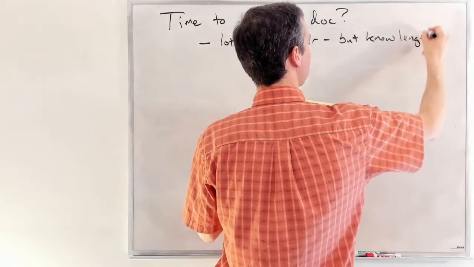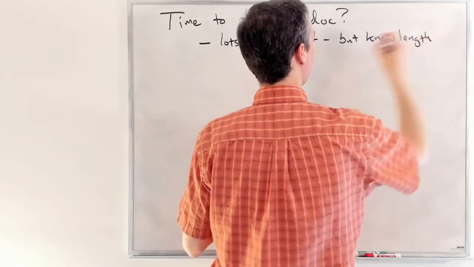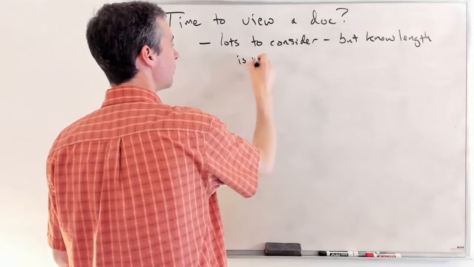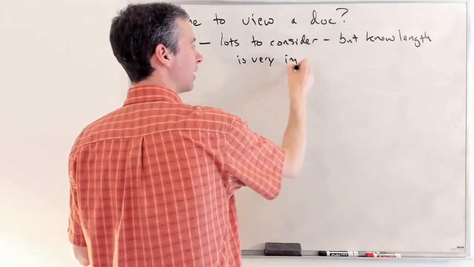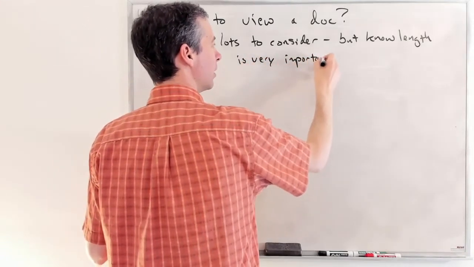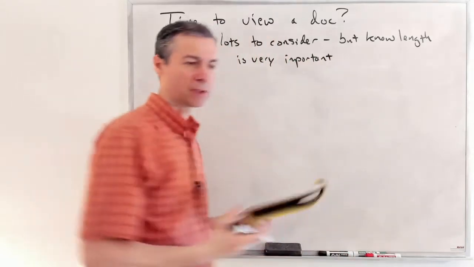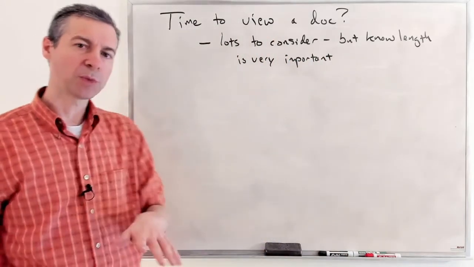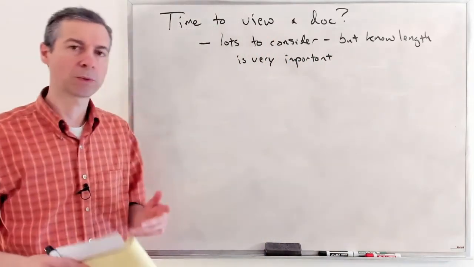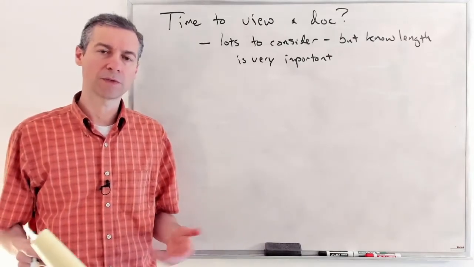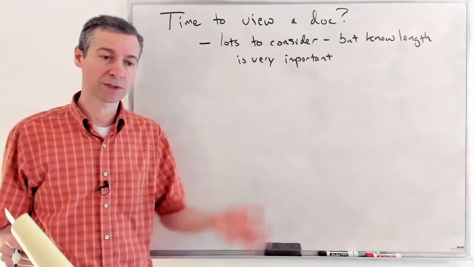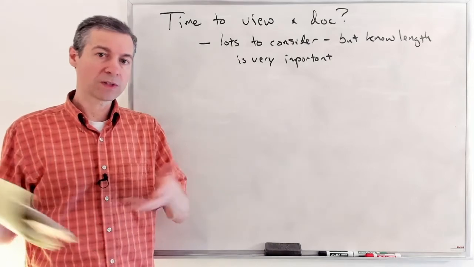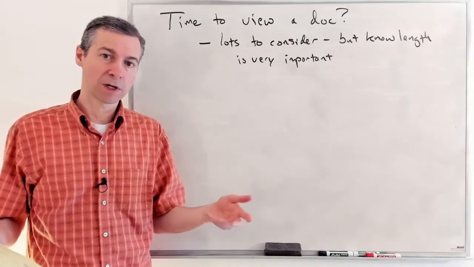But we do know the length. And we know that the length is a very important factor in how long it's going to take you to decide whether it's relevant or not. In particular, keep in mind the way we're thinking about relevance as assigned in this task, which is we clicked on this document because we think it's relevant.